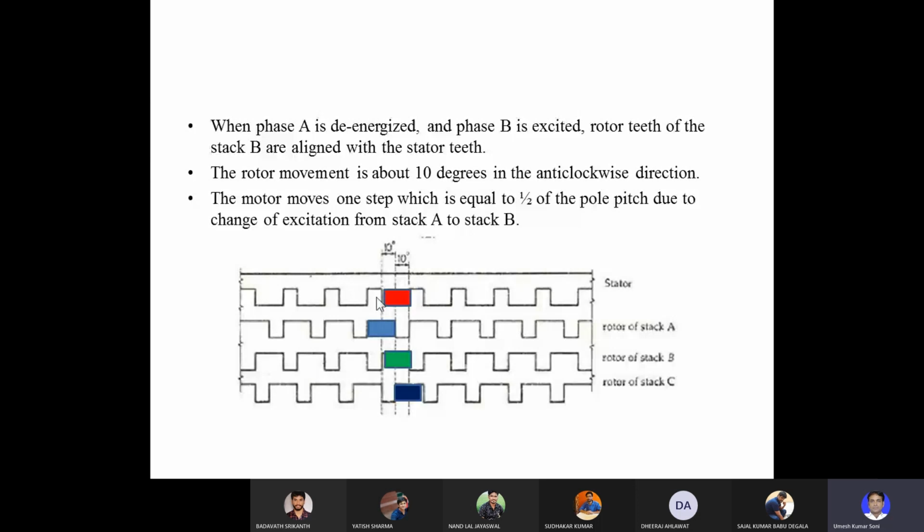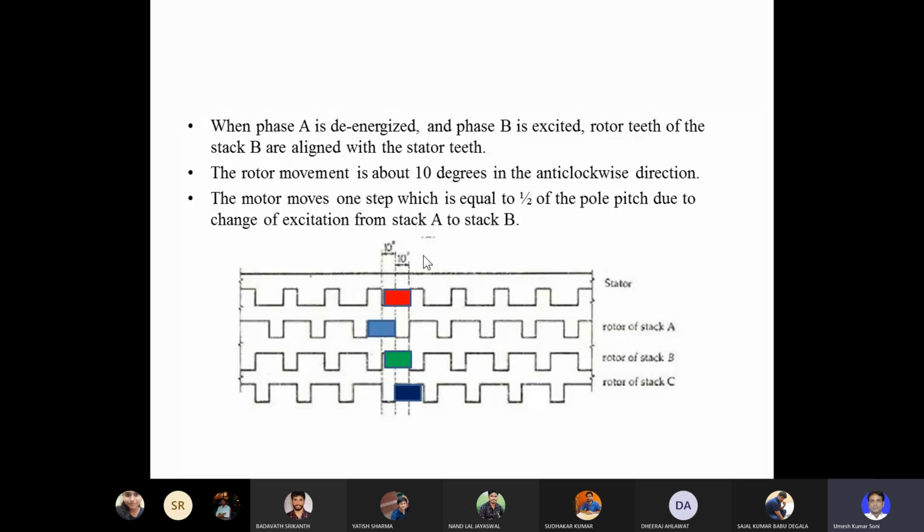So the teeth 1 of stack A will move away, and stack B will align in the direction of phase B. Okay, after this, when you energize phase C, the black color teeth of stack C will align again. So in each step of energization, you have a 10 degree step.